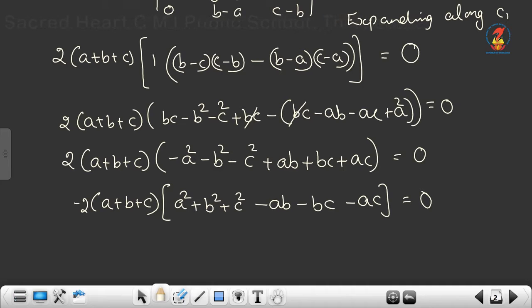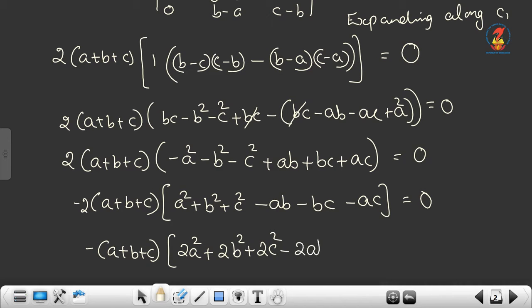The next step we can multiply this bracket by this 2. So look, minus (A plus B plus C). Then multiplying this bracket by this 2, so 2A square, 2B square, 2C square, then minus 2AB minus 2BC minus 2AC.